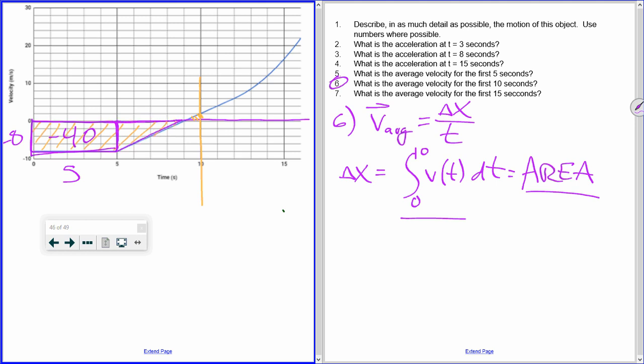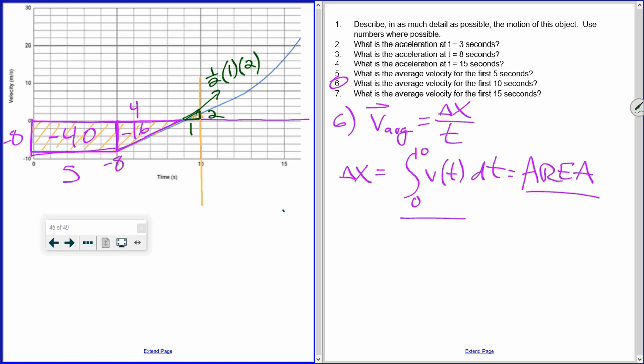This chunk here, let's see, my altitude here is -8, this side is 4, so 1/2 base times height, that's going to be -16. And then it's also this tiny little sliver over here where it's positive, so that's going to be 1/2 of 1 times 2, right? That's 1 second.